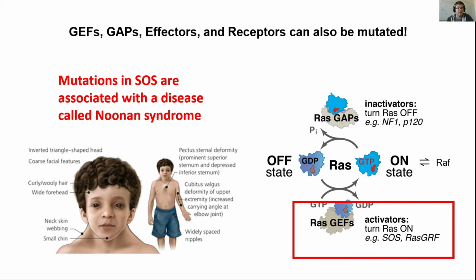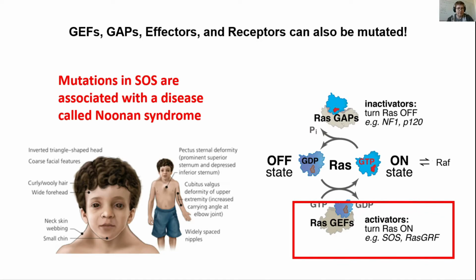For example, Noonan syndrome, in which an individual, as they grow throughout their life, instead of developing normally, ends up with a variety of skeletal morphological defects.